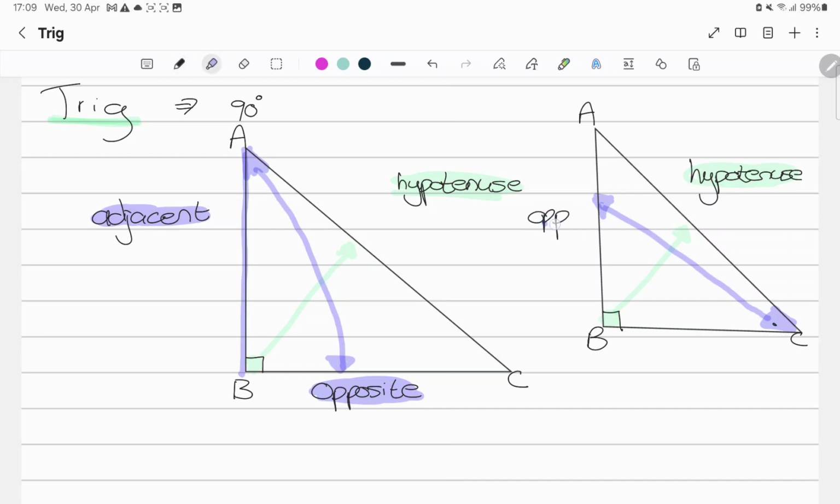And the side that is left, which also forms part of this angle, BC, will be known as my adjacent side. So you always first start with your hypotenuse, then you look at which angle you need to use, and then based on that angle, you find your opposite side and then your adjacent side.